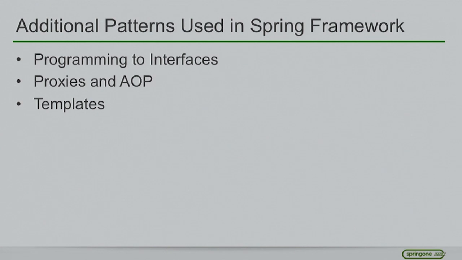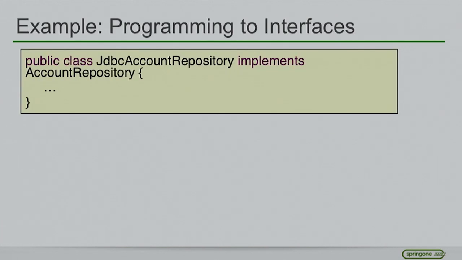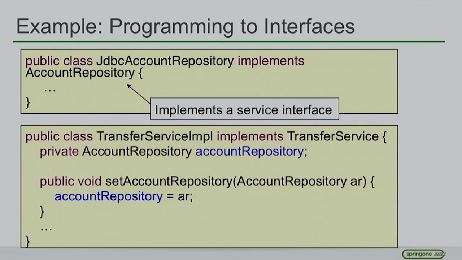Spring uses them all over the place, and there may be cases when that might make sense for you, but it's probably the one you would have the least need to implement. Be aware that the pattern is used throughout Spring, and you could use it yourself to hide complexity. I'm going to touch on programming to interfaces because it really is a building block to proxies and AOP, and then I'll quickly touch on templates if we have time, and hopefully we'll have a little demo time as well.